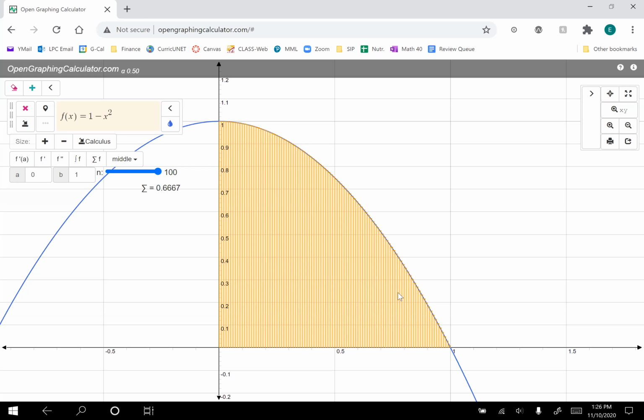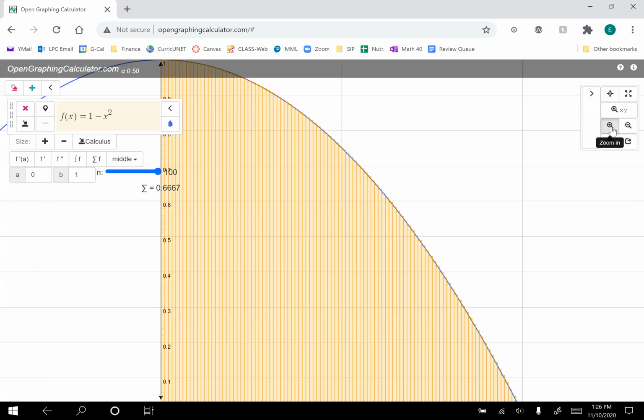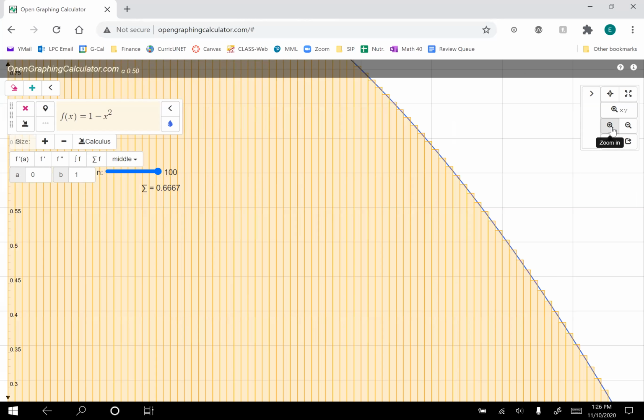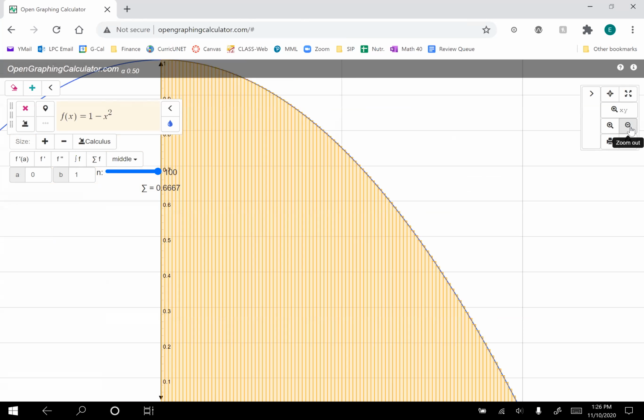The yellow shaded area of the rectangles is basically what we're looking for. That's the area under the parabola from what we can see. If you zoom in a lot, you can see that there are still some little overhangs and undercuts, but they balance each other out pretty well because of the midpoints.